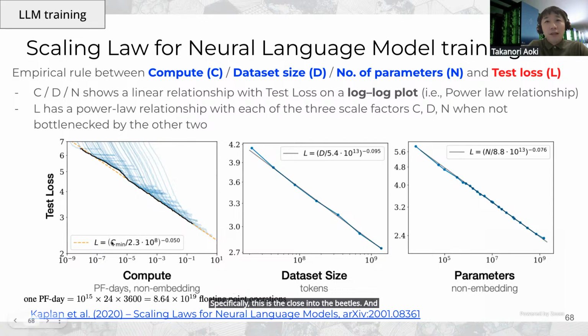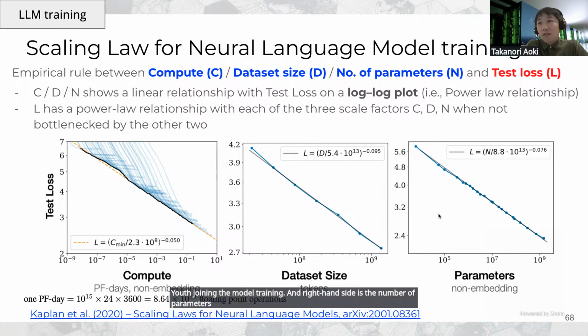The horizontal axis is the amount of compute spent during model training. The middle graph has the same vertical axis, test loss in terms of cross entropy, and the horizontal axis is the size of the dataset, namely the number of tokens used during model training. And the right-hand side is the number of parameters of the model, excluding embedding components.